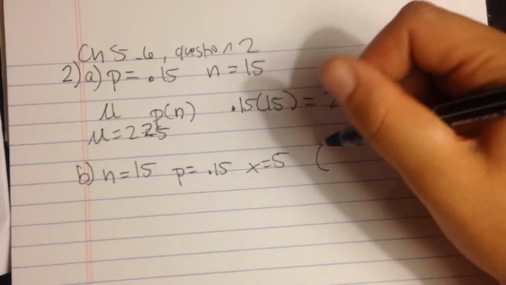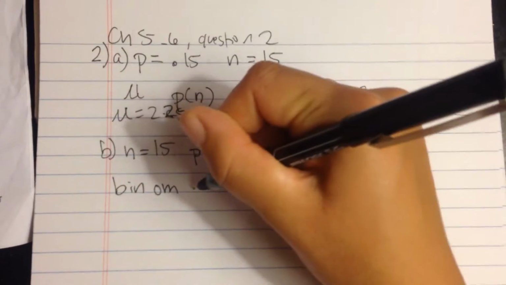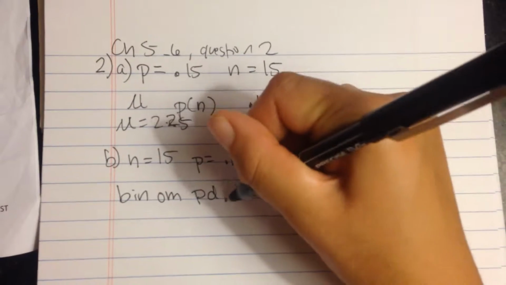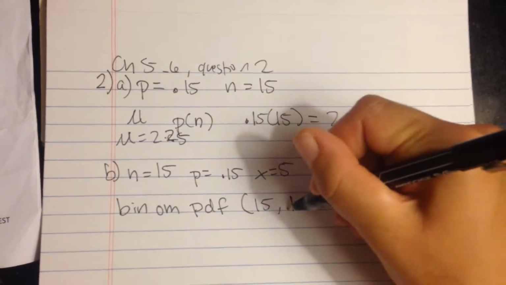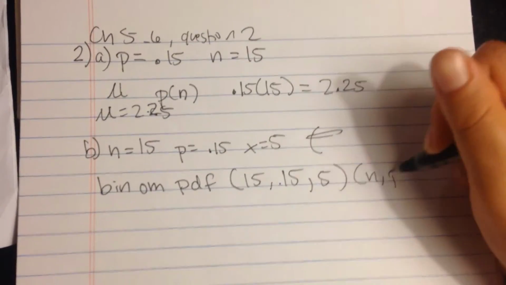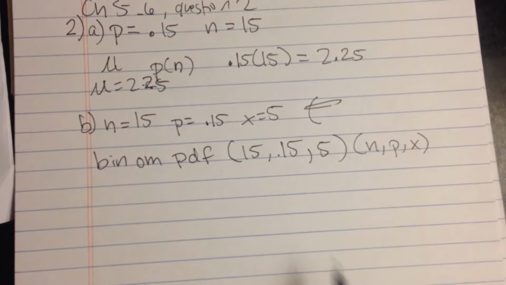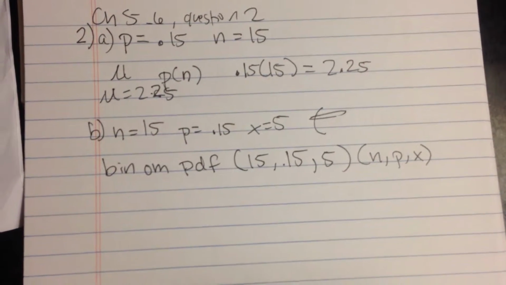So when we do a binomial, we have to put in the calculator binomial PDF. That's for an exact number, because it said for exactly 5. We put in the N, the P, and the X, which are 15, 0.15, and 5.